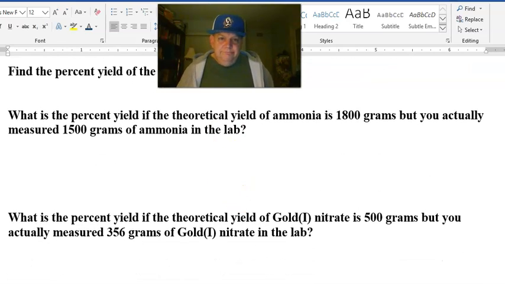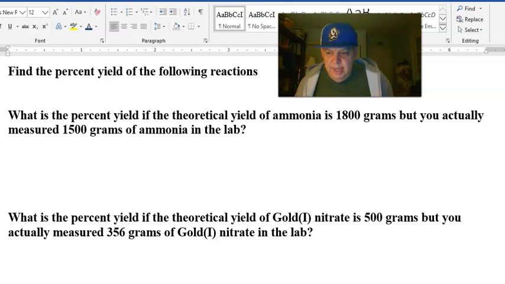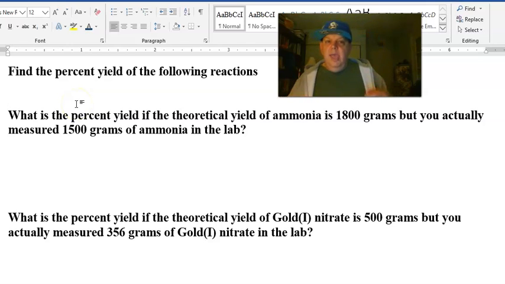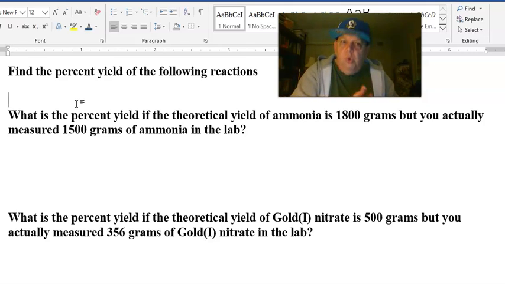Percent yield. We're on the next page, and it says find the percent yield of the following reactions. Now, remember something about the percent yield: you've got two things, an actual yield and a theoretical yield. The actual yield is what you physically make. You measure it in the lab. That's your actual yield, the real world.